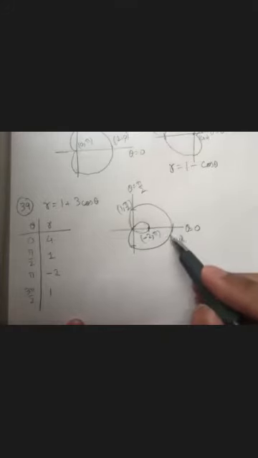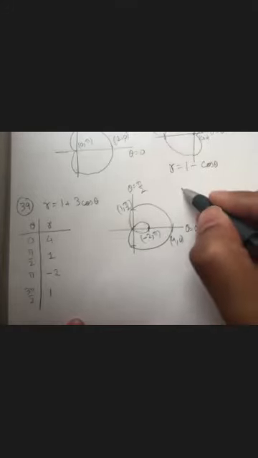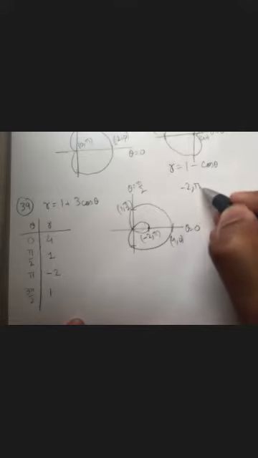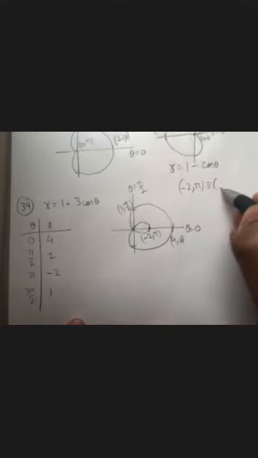If you recall, negative 2 comma pi is the same as 2 comma 0.